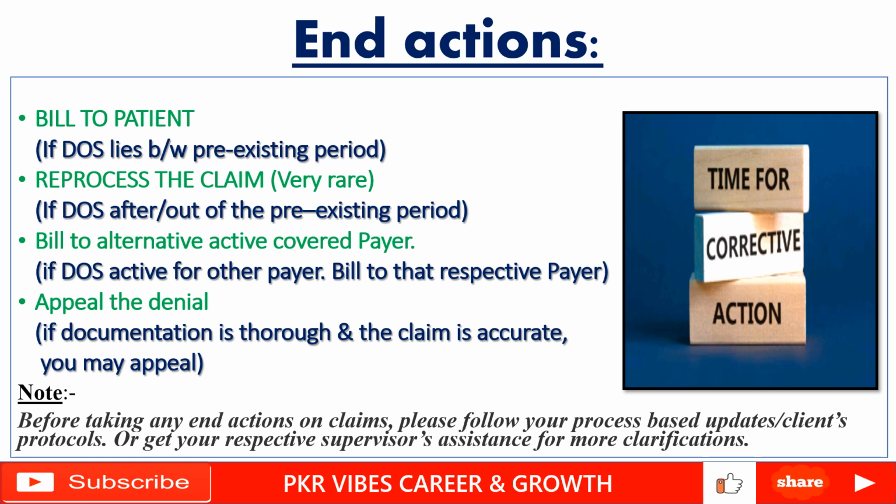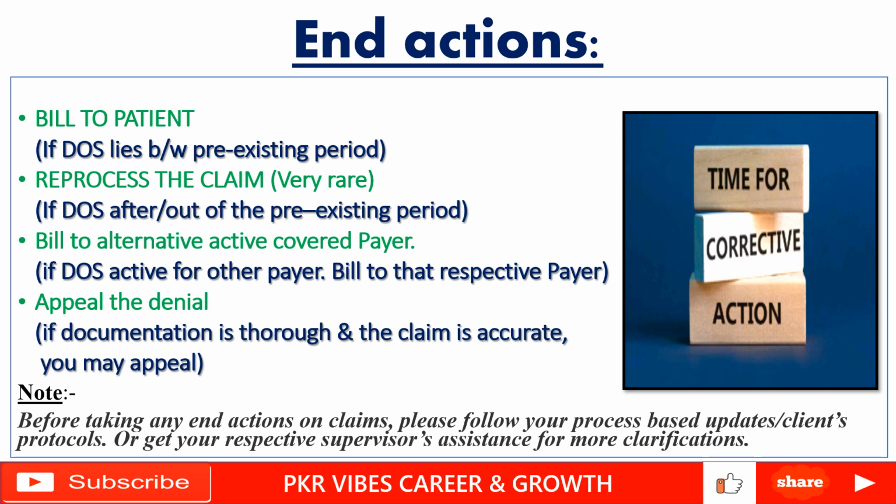And finally, we go for appealing the claim along with the medical records, because in the medical records and other medical documents they state the pre-existing period is up to 1 year. After 1 year, the insurance will start paying its share to the doctors, right? Insurance will give payments to the doctors after 1 year of the pre-existing period.